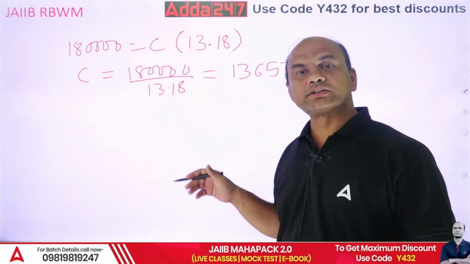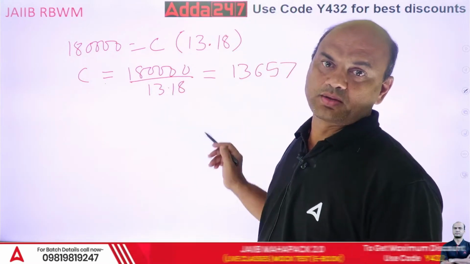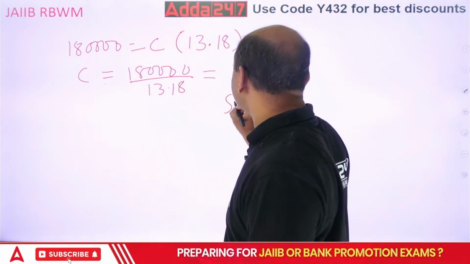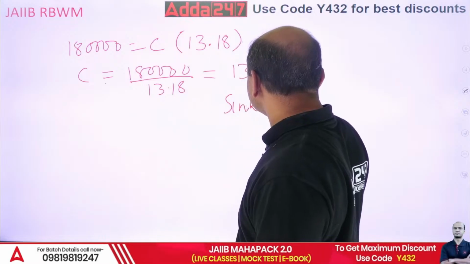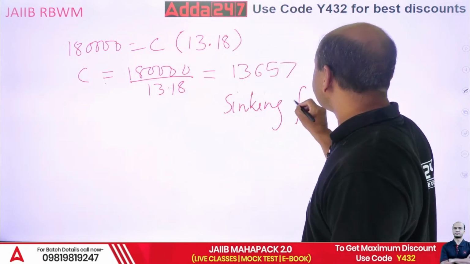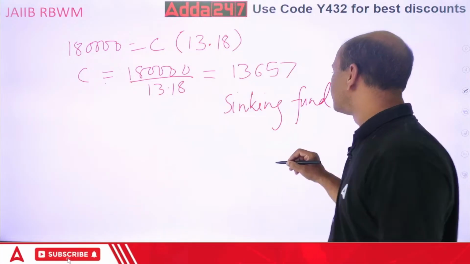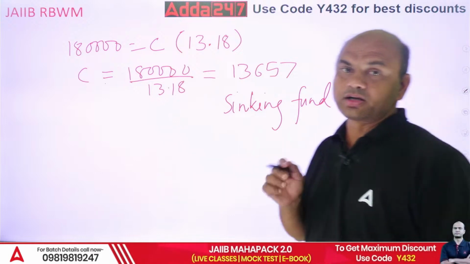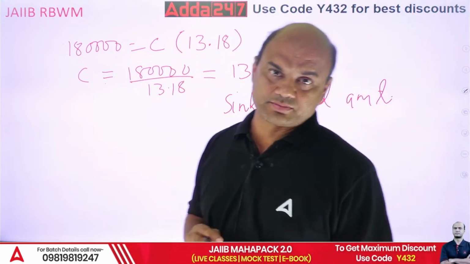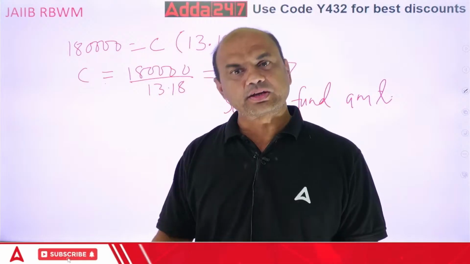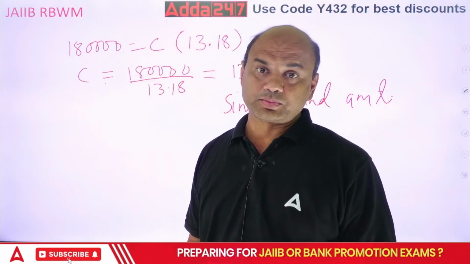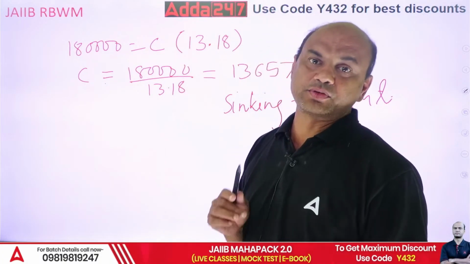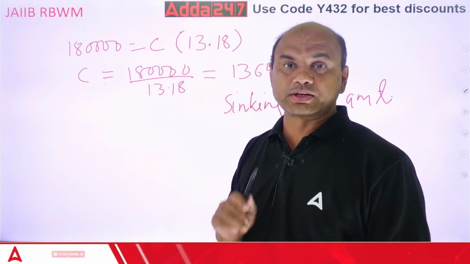So this is your sinking fund amount which you have to keep, so that at the end of the period you are able to replace the machinery. Sinking fund and depreciation questions are definitely there in the exam, RBWM specifically. Don't miss this. Everyone got this? Type yes in the comment section if you have got it.